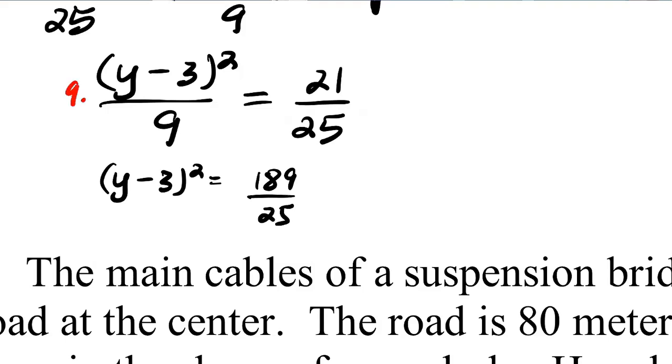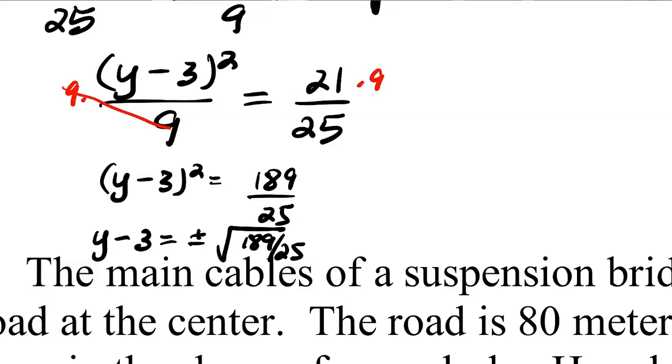And then we can take the square root of both sides. So we get y minus 3 equals plus or minus the square root of 189 over 25. And then add 3, we get y equals 3 plus or minus the square root of 189.